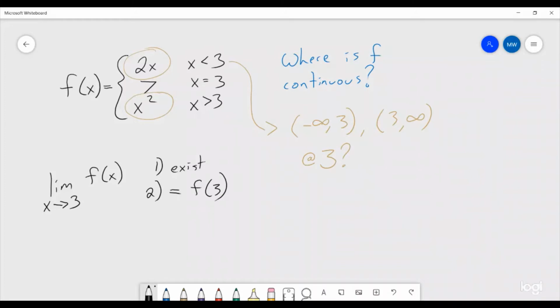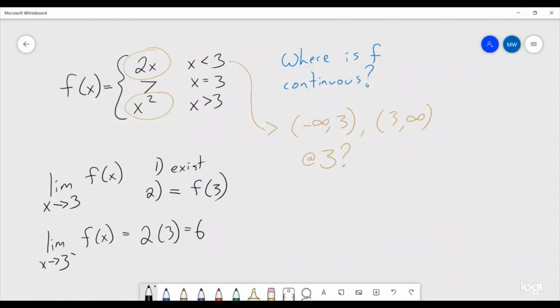If we look at the limit as x approaches 3 from the left of f of x, this is going to be equal to 2 times 3, or 6.